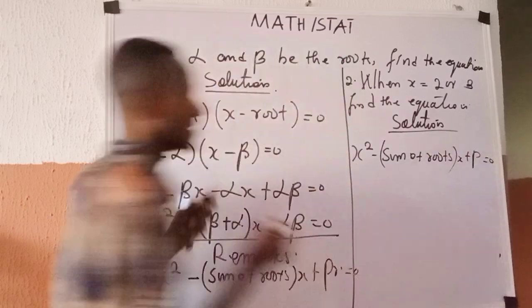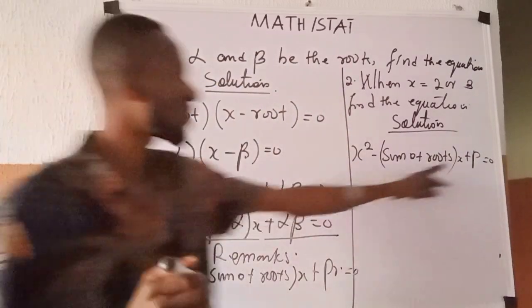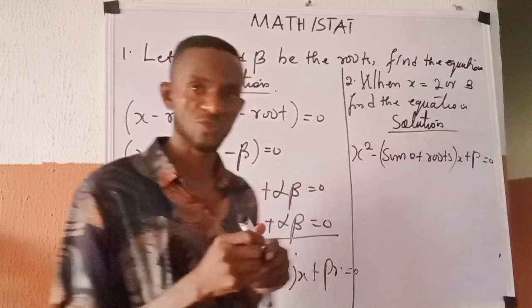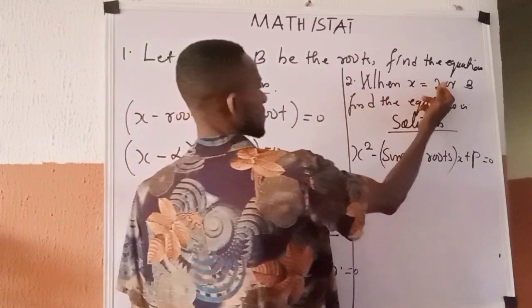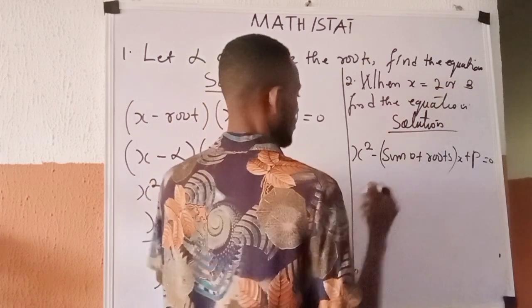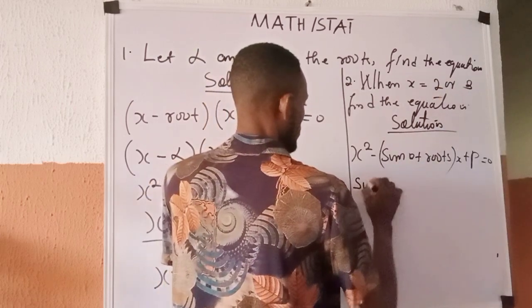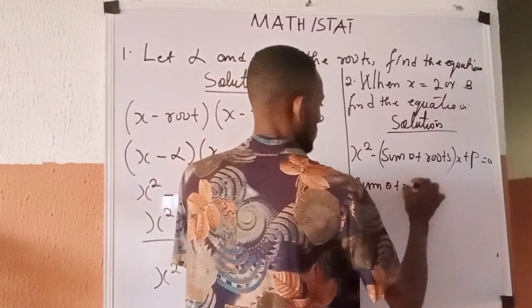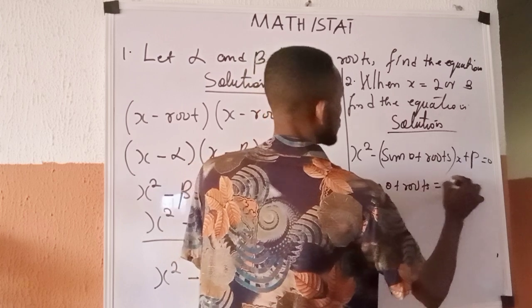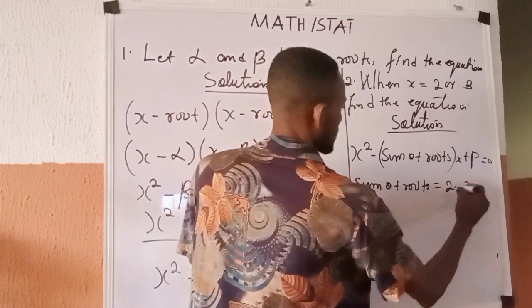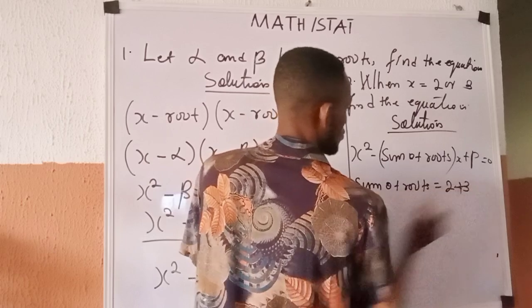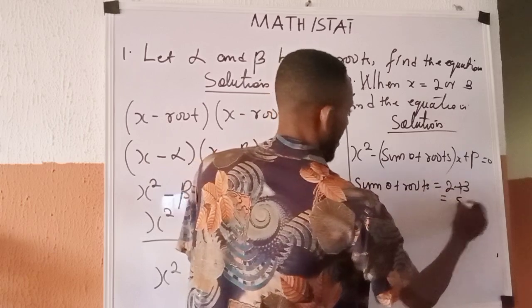This equals 0. Please permit me to write this P as the product of roots. Then we go ahead. What are the roots? The roots are 2 and 3. So the sum of roots equals 2 plus 3. And 2 plus 3 will give you 5.